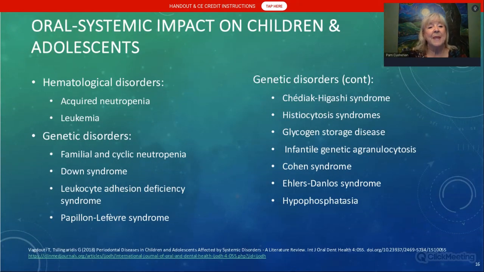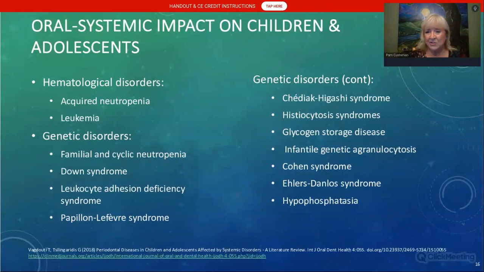All right. So it's not only adults that are impacted by oral systemic issues. We have our children and teens also having issues with this. So the two types of hematological disorders that we should be very aware of, and this will be noted in our patients' health histories, is acquired neutropenia and leukemia.